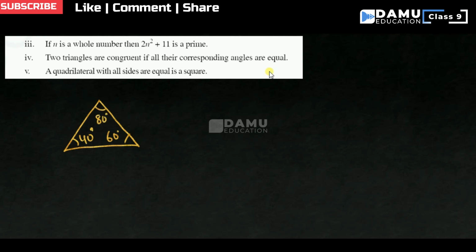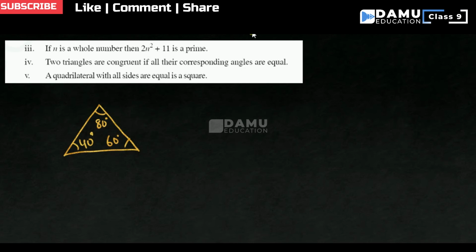Let's take another triangle with different measurements but equal angles: 40 degrees, 80 degrees, 60 degrees. So these two triangles have equal angles.